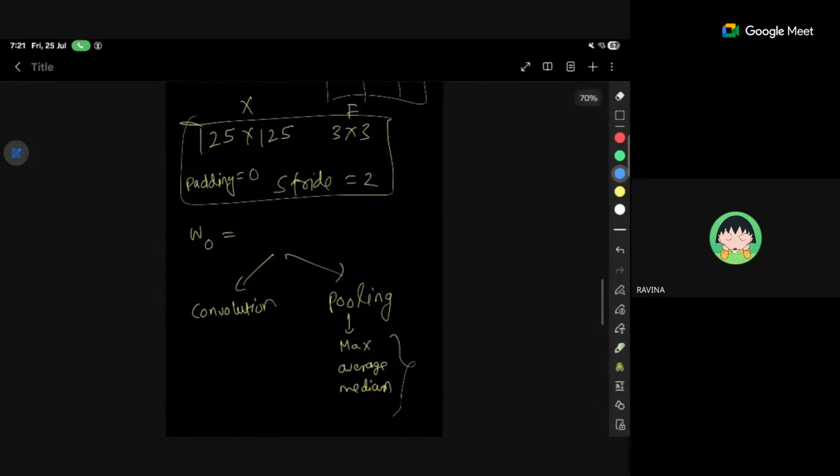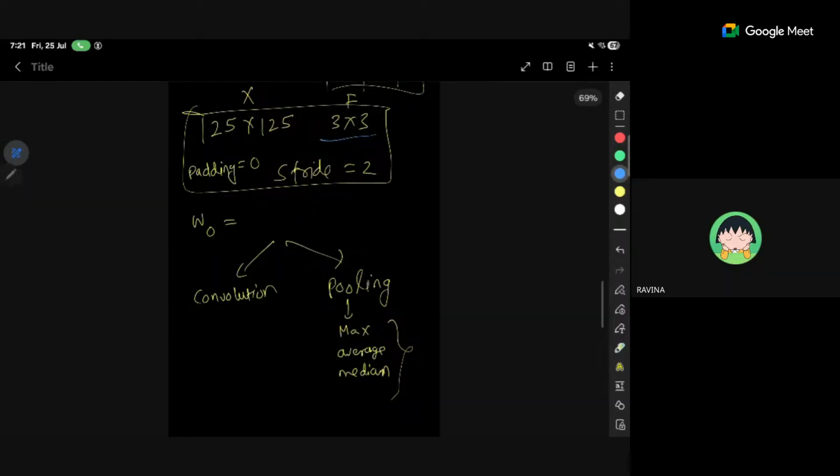So let's say this is an image of 125 cross 125 and 3 cross 3 is the filter size. If you use stride equal to 2 and padding 0, then what image size are you going to get? There is a formula for it. You take the image size, W image, minus the filter size. Of course, you take the width.